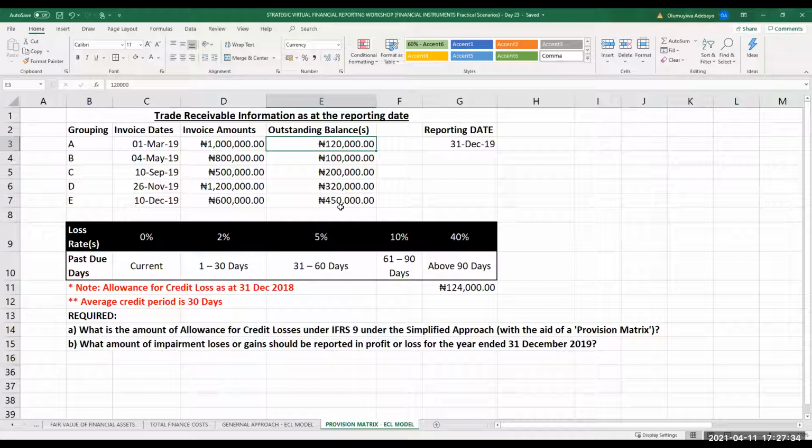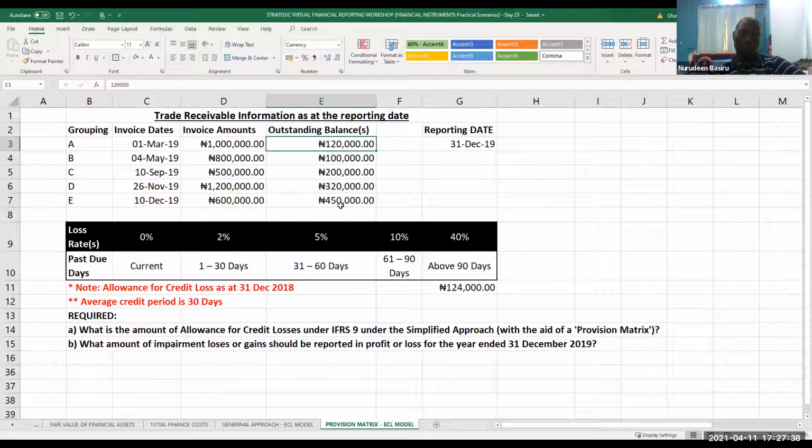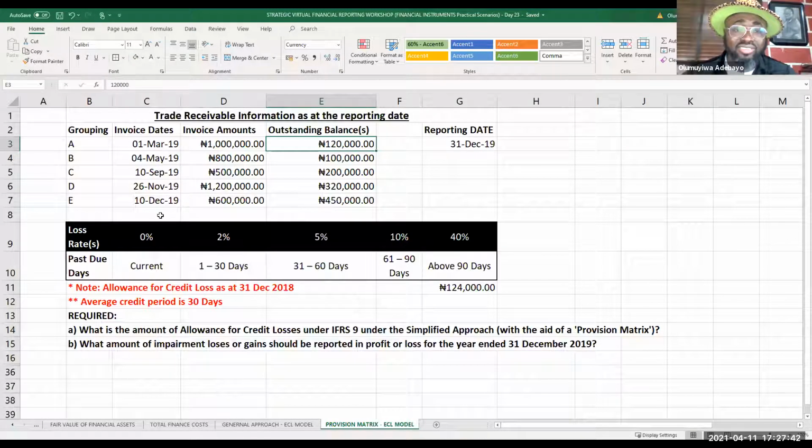Is it past due? No. Since it's not past due, it means it still has grace period. 31st of December is still about 9 days away from when it falls due. Therefore, that is it.